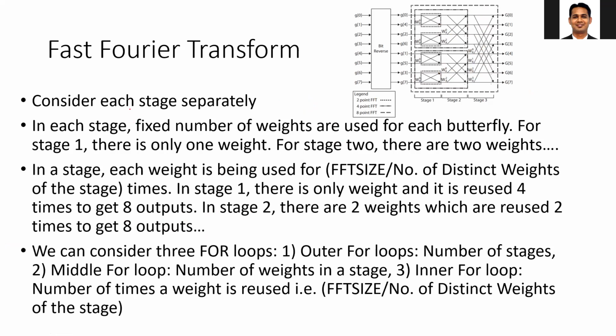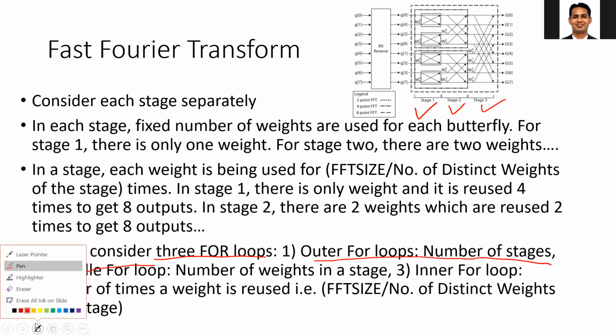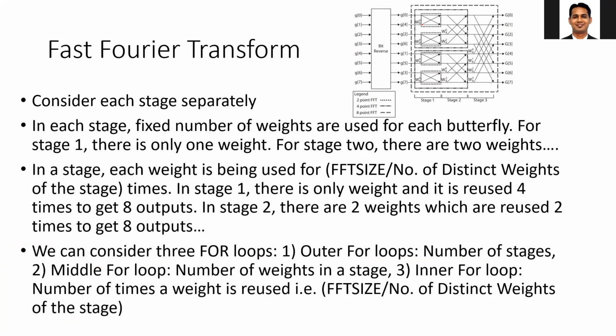Then how can we write our code? We can consider 3 for loops. We have one outer for loop for the number of stages, going from stage 1, stage 2, stage 3. Then we can consider a middle for loop for looking into the weights.